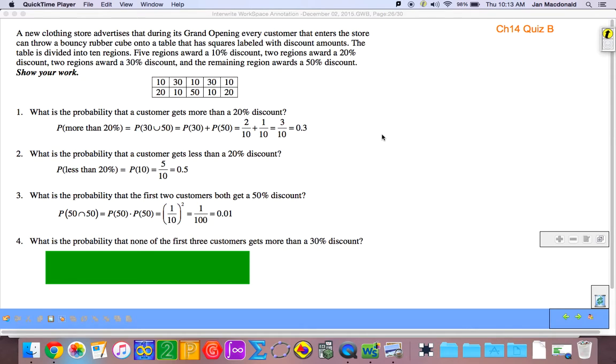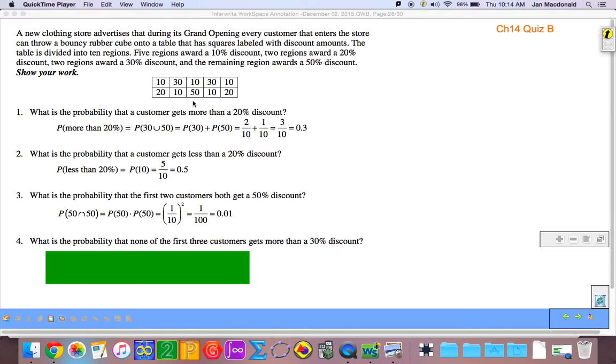Question number 4. What is the probability that none of the first 3 customers gets more than a 30% discount? There is only one discount larger than 30%. That is a 50% discount. The probability of getting a 50% discount is 1 out of 10.